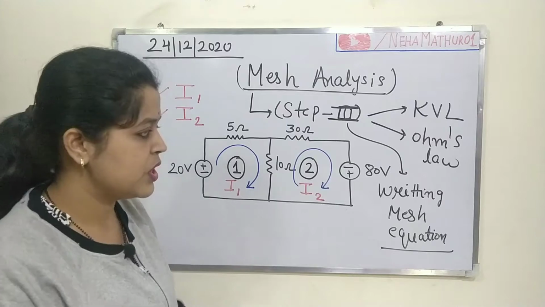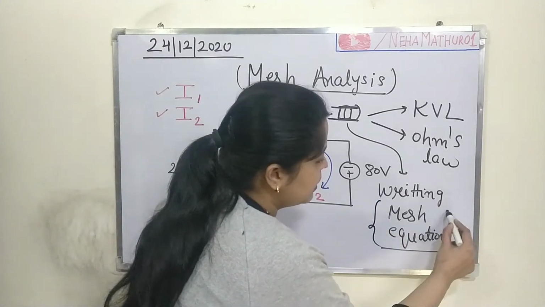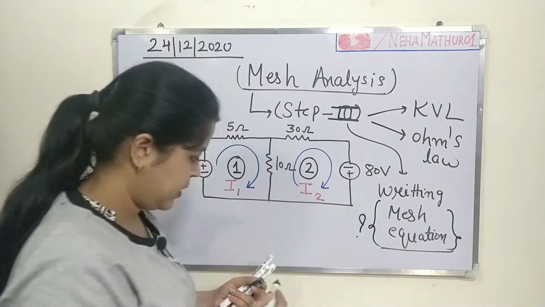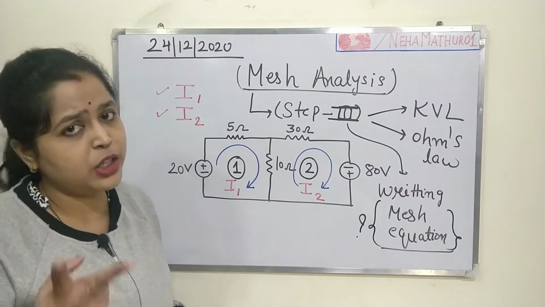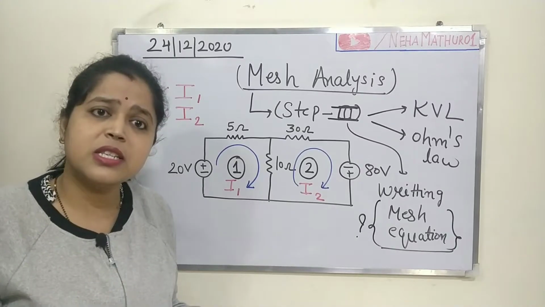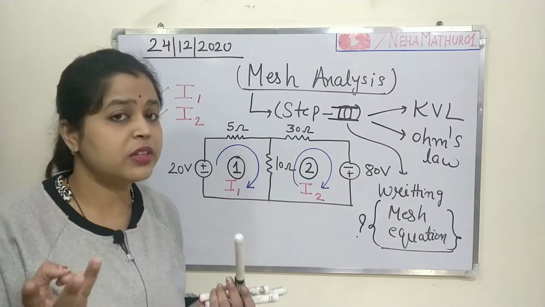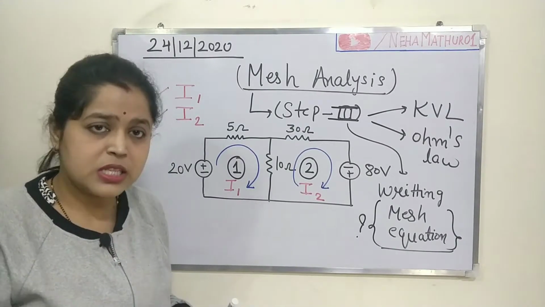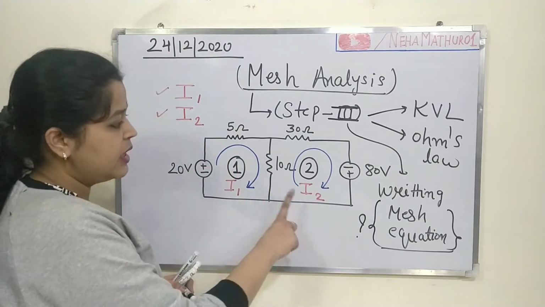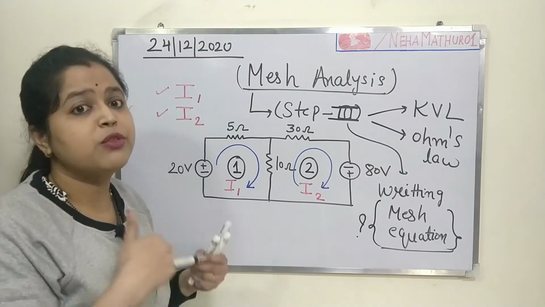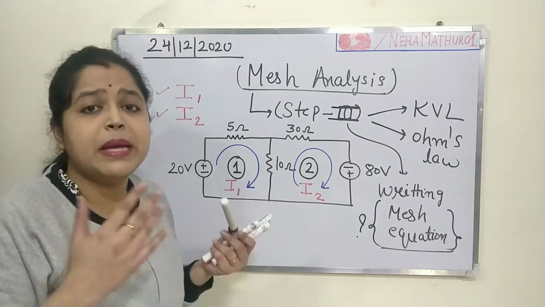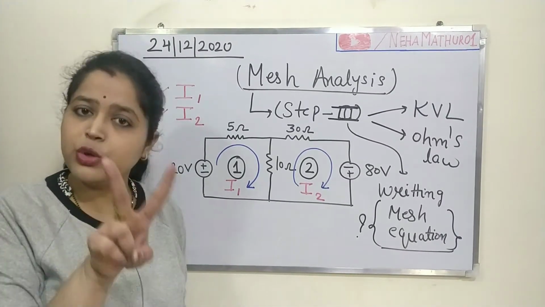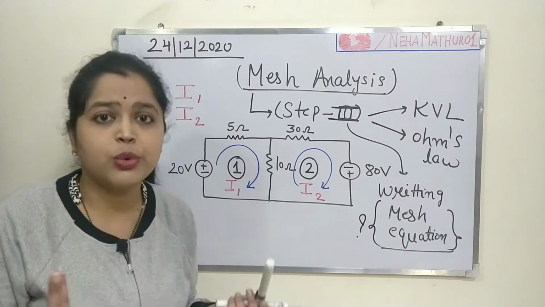So now the question is how we are going to write mesh equations. Again, here you have two meshes, that means you will have to write two equations. If you have three meshes, you will have three equations. Why? Because here you have two variables, I1 and I2. So you will have to find the values of these two variables, and as per the basic concept of mathematics, if you have two variables, then you must have two equations.